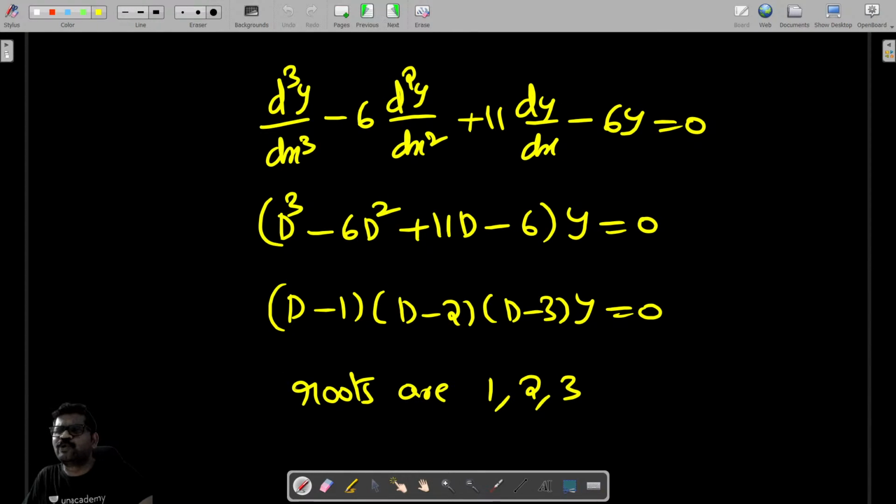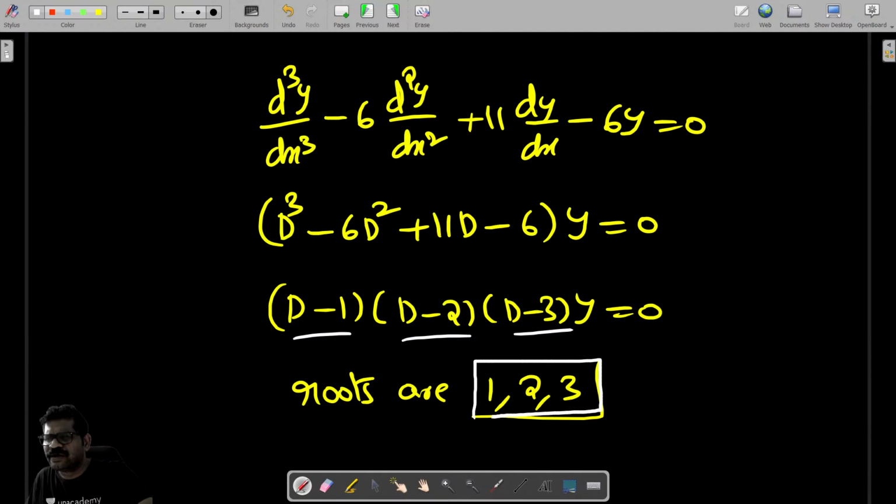First we have to find out the roots. From the auxiliary equation you can find out the roots. So here D minus 1, D minus 2, D minus 3. Therefore 1, 2, 3 are the roots. Therefore roots are real and distinct.